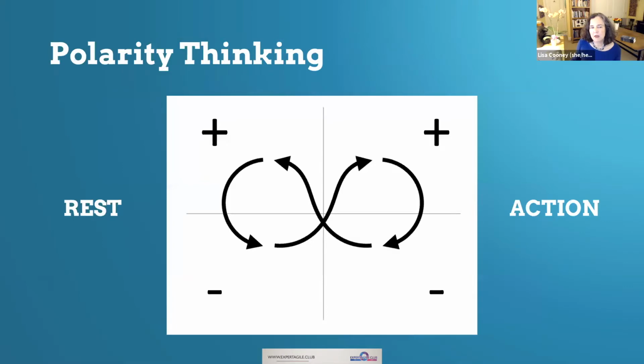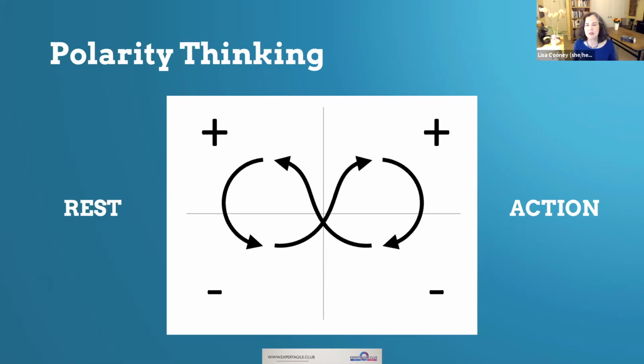So when we developed the Agile values, we decided intentionally to think of the two sides of the equation as a polarity. And for those of you who are not familiar with polarity thinking, the idea is that you're in constant motion, and as you move through the different quadrants here, you have more or less of something.